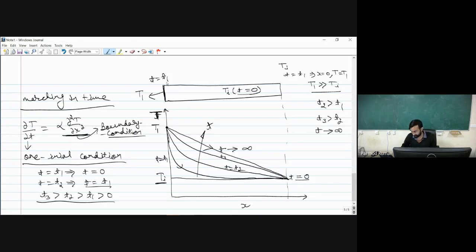But this equation also shows some behavior of a diffusion field which is affected by the boundary condition. So physically, we have to say that this particular equation is parabolic in time and elliptic in space.